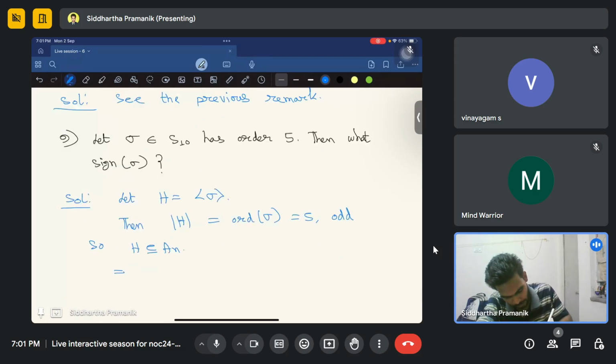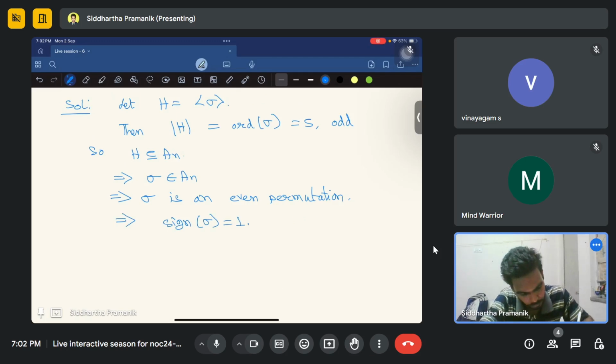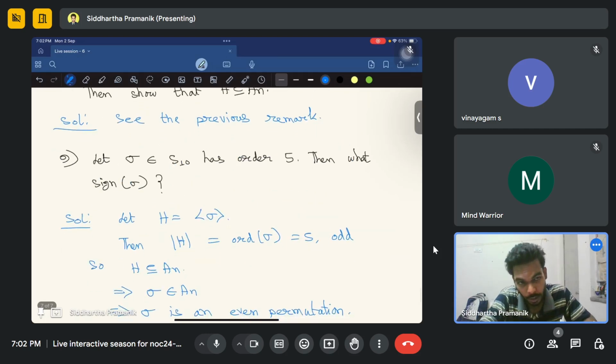So that implies sigma belongs to An. So sigma is an even permutation, so the sign of sigma is 1. Okay, I hope it's okay.